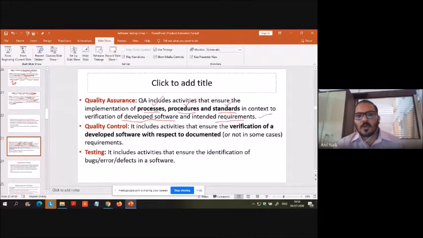Quality control includes the activities that ensure the verification of developed software with respect to the documentation. It is like controlling as per the document or the plan, whether we have covered all the testing of the software or not.